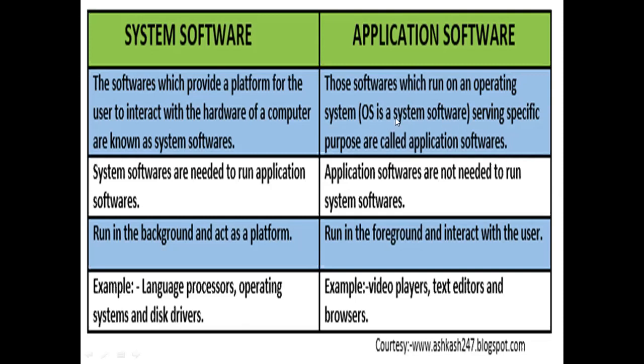So what is application software? Application softwares are those softwares which run on the operating system. They are made to solve some problems and are used for a specific purpose.